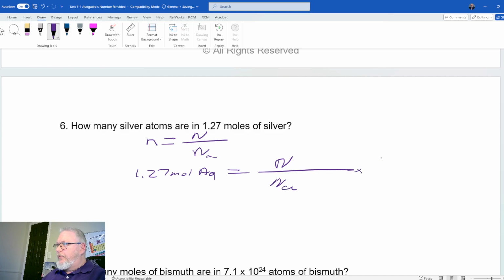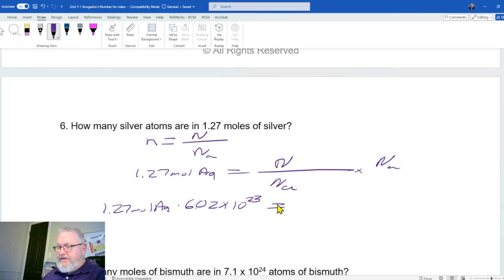So, of course, I'm going to multiply by Avogadro's number. That's what that is, 1.27 moles Ag times 6.02 times 10 to the 23rd. And that should give us N. Let's see, 1.27 times 6.02, second double E 23.